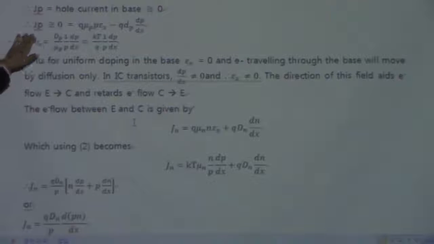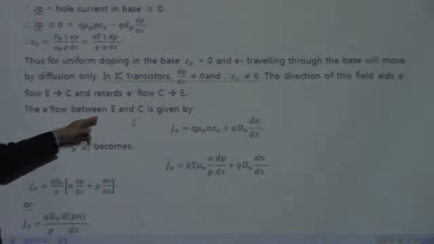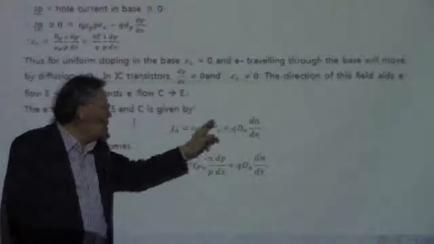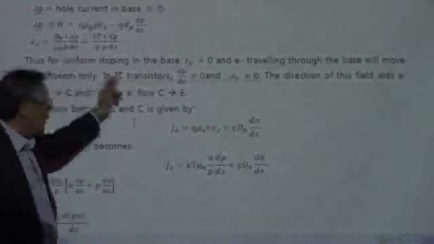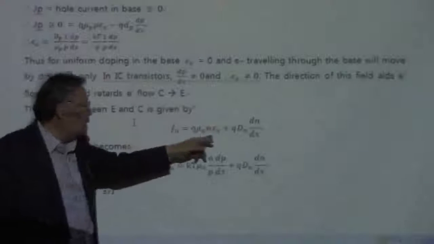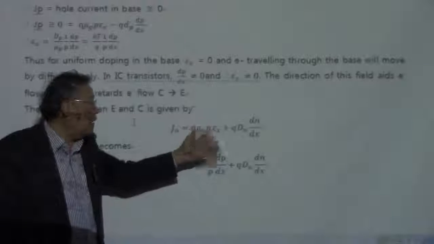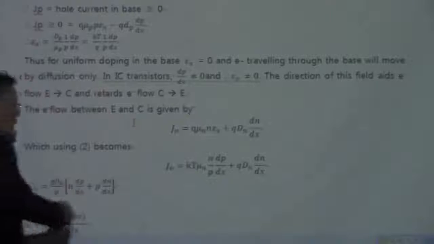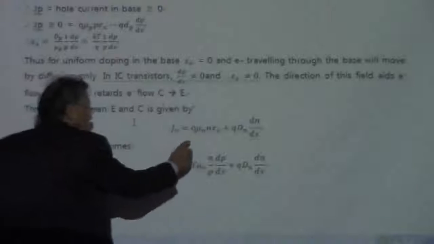Anyway, this is the electric field existing between the emitter and base, and the electron flow from the emitter to the collector is going to be the same equation that we had before. This time we are talking about electrons, so the sign is reversed from the first equation.